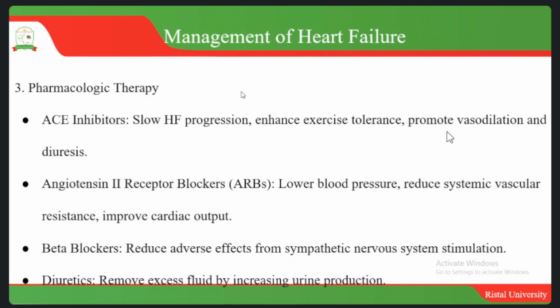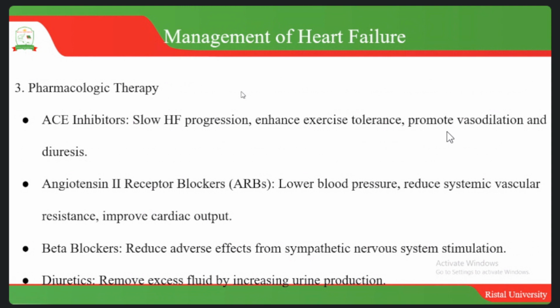That's why they say a blocker. It inhibits the binding of angiotensin 2 onto the blood vessels, which would cause vasoconstriction and end up causing high pressure.